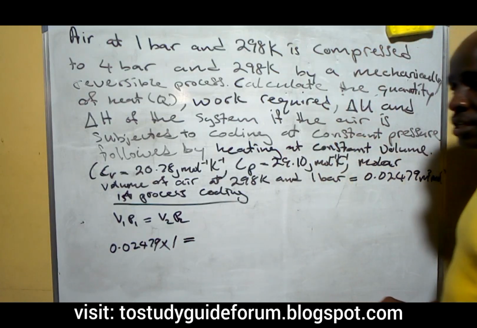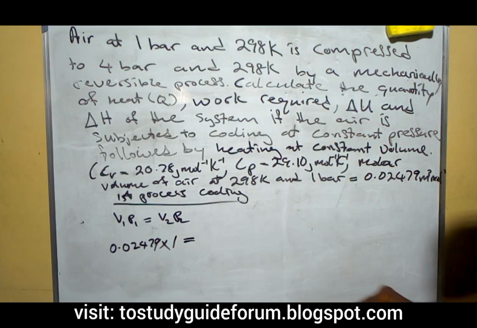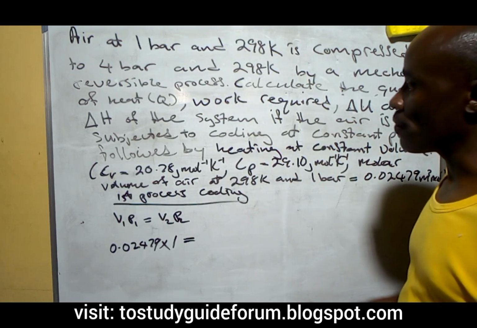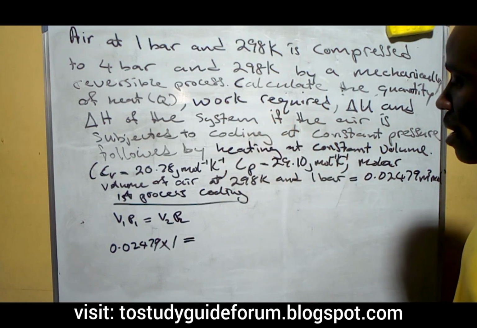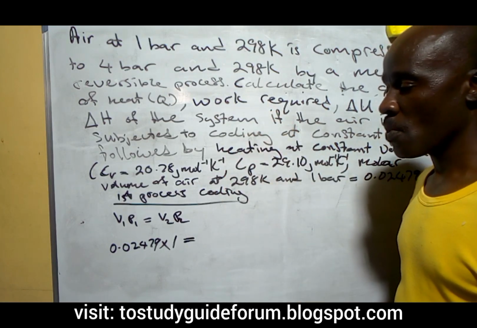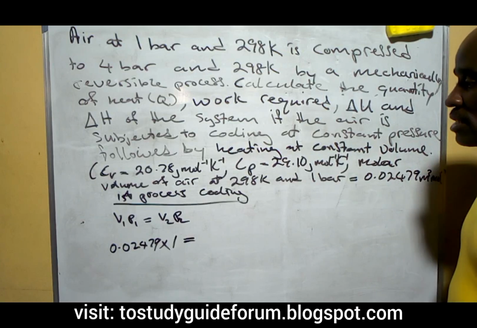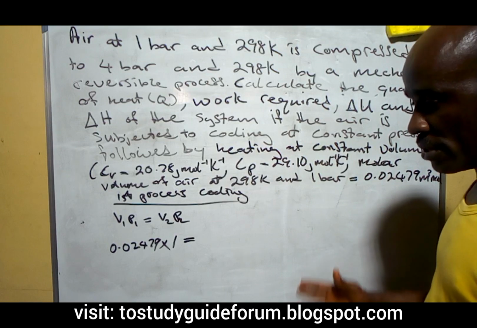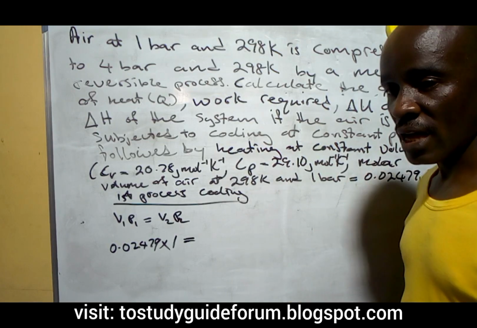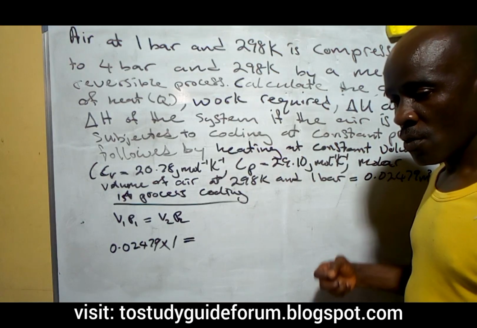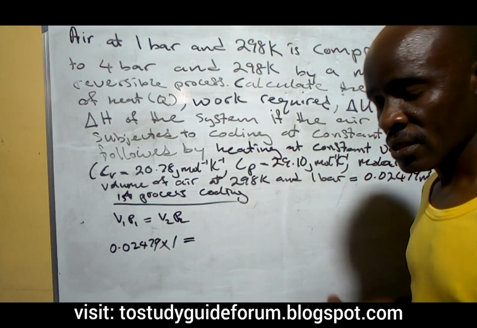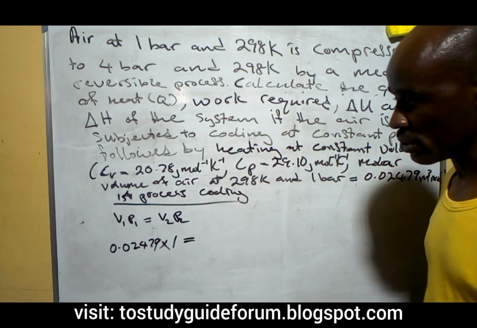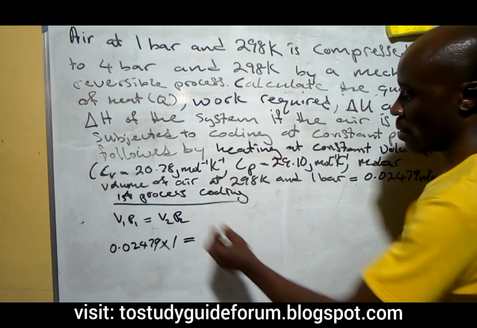Then the gas is in a confinement that can sustain a pressure of 5 bar, and the idea here is that the piston can move at will without any resistance, just like what we have in the explanation of Boyle's law. So in this case now we have the volume.